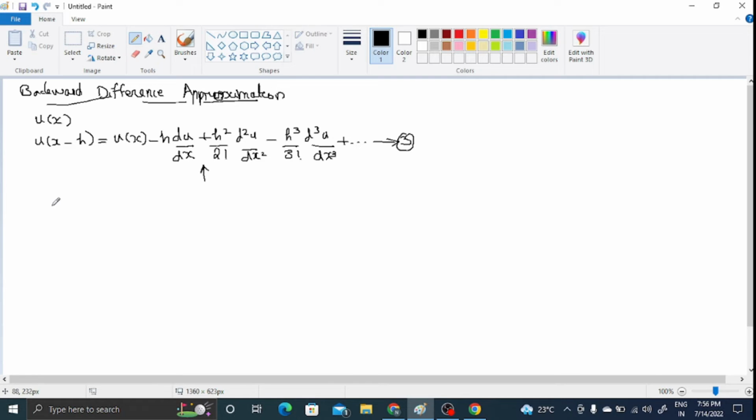We can write u of x minus h is equal to u of x minus h into du by dx. Note it as equation number 4.